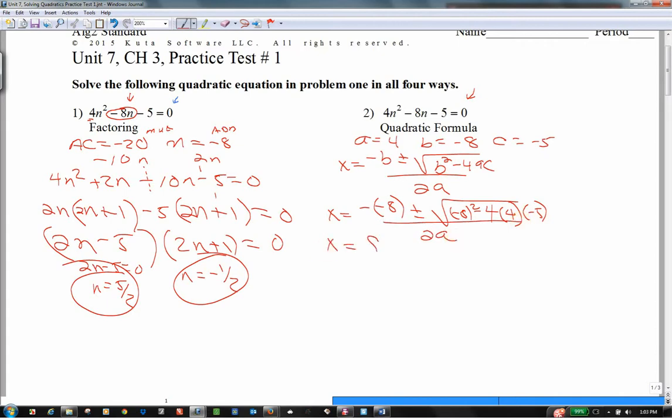X is equal to 8 plus or minus the square root of 64. This is going to be a minus 5 times 4. That's a negative 20.